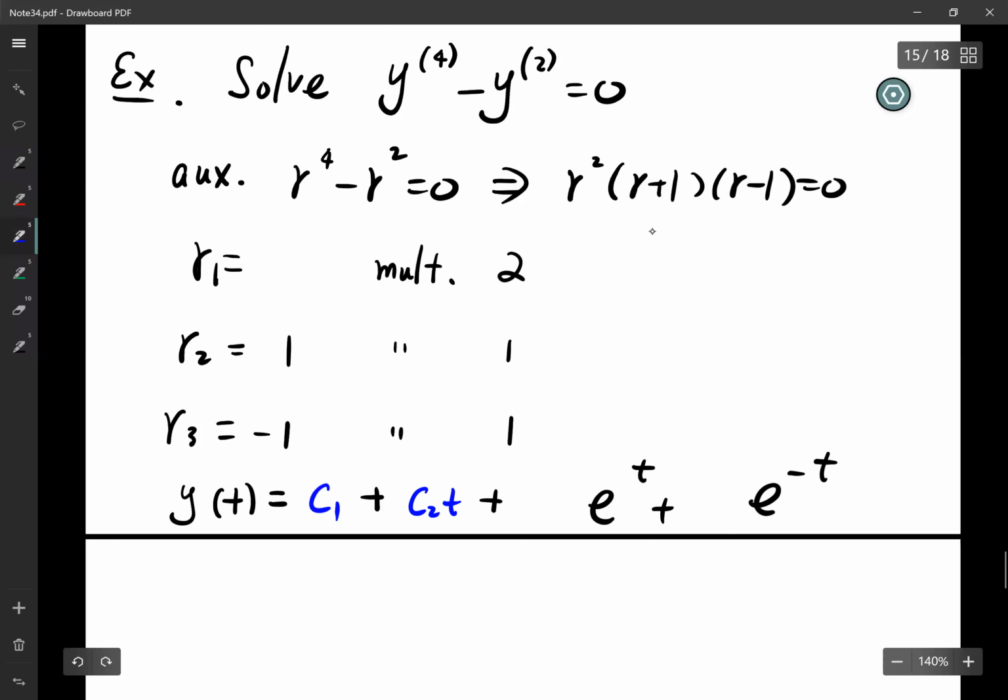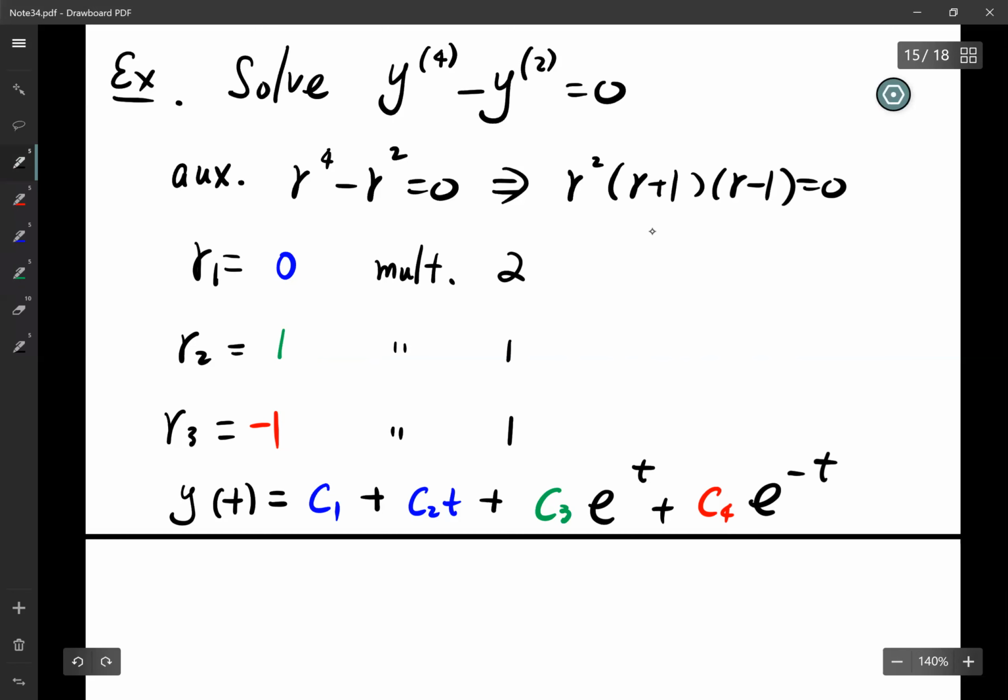This one corresponds to 0. So this one, C3, corresponds to 1 because this is exponential e to the t. And then finally, I have e to the minus t, and this is C4. Perfect. Thank you so much. That makes it much clearer.